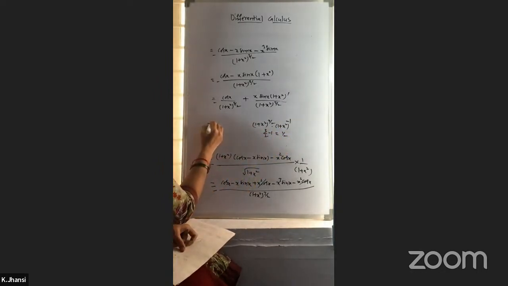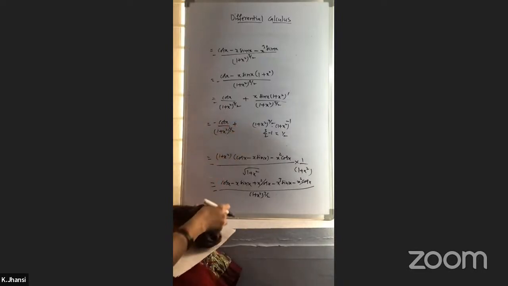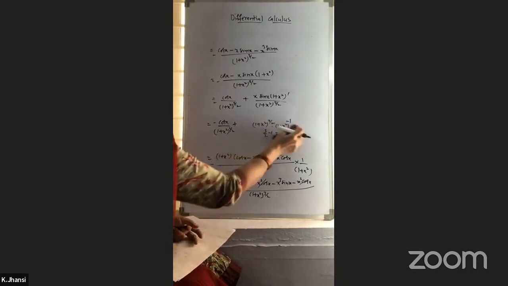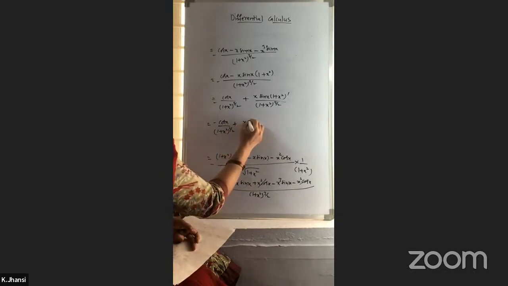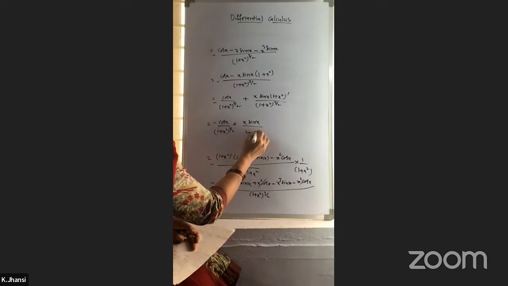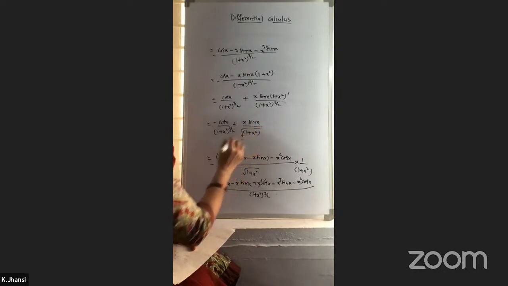Okay. That is minus cos x by 1 plus x square to the power of 3 by 2 plus x sin x by 1 plus x square. That is root you can write.